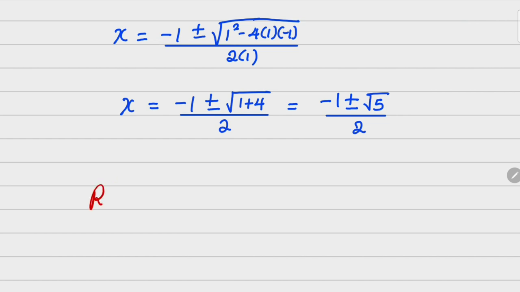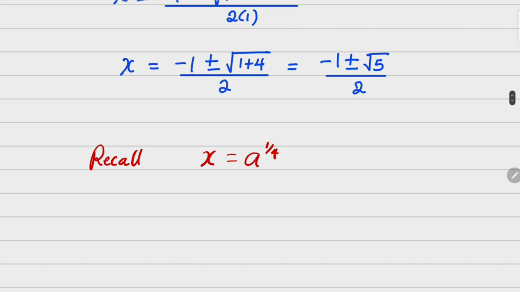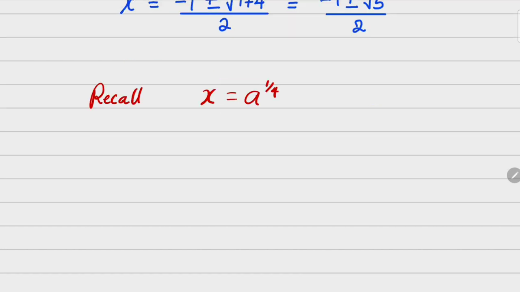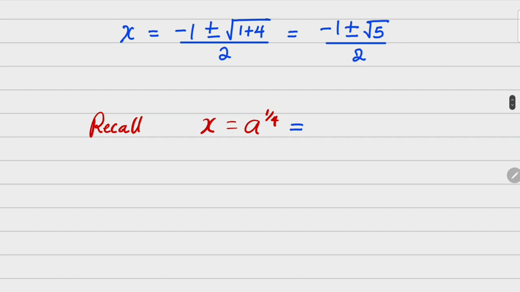But recall that x is equal to a raised to the power 1 over 4. So we can say this is equal to minus 1 plus or minus root of 5, all over 2.